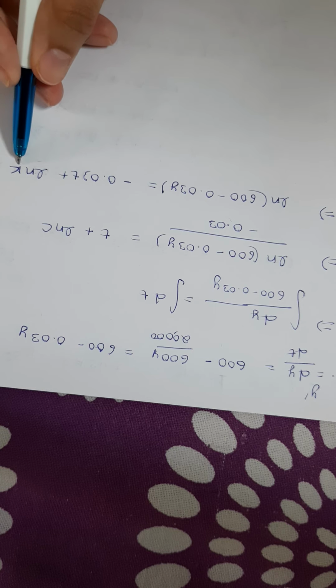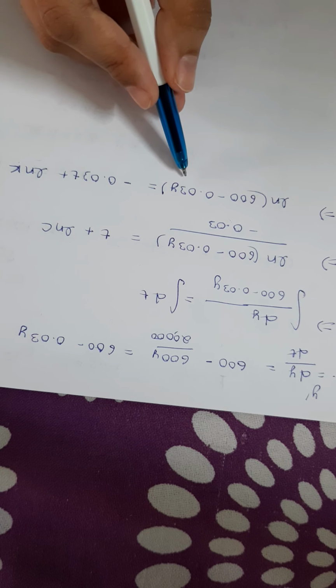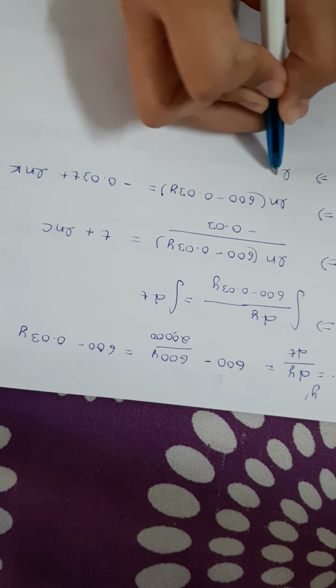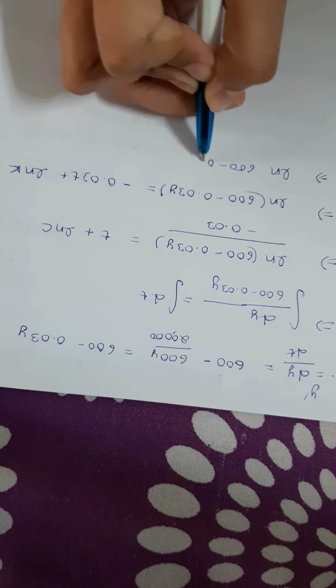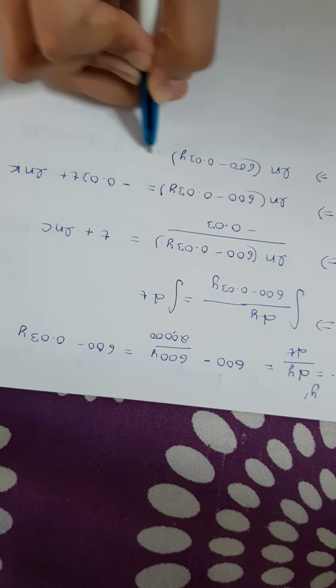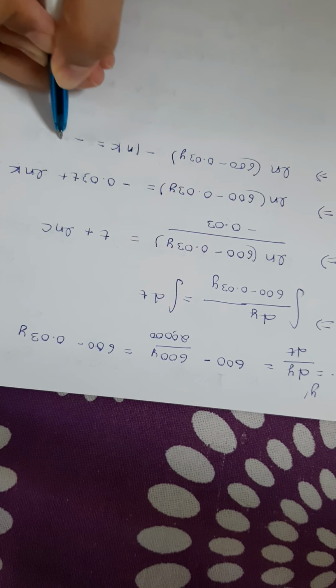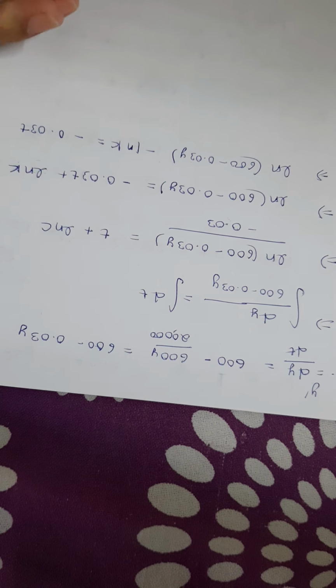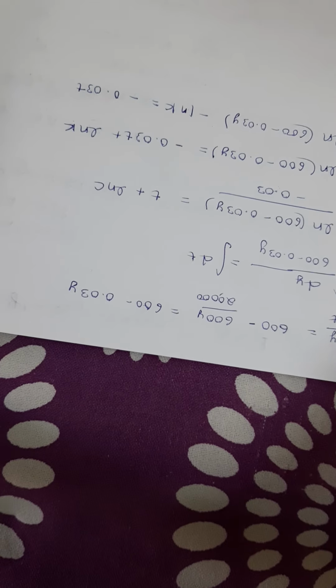So we can take this k over here. It will become ln (600 minus 0.03y) minus ln k is equal to minus 0.03t.